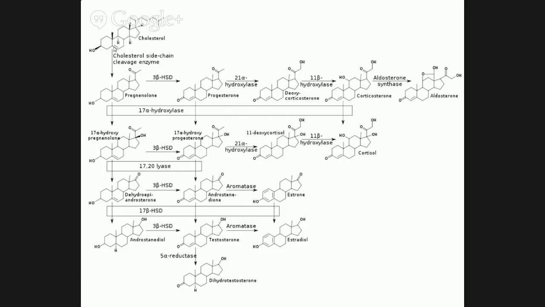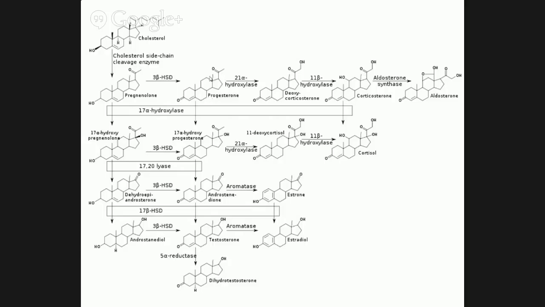Cholesterol is modified by a series of enzymes to give us the hormones that we're interested in. Now, in this picture, there are a lot more hormones than we really need to worry about. But there's an enzyme, which they don't provide a name for here, that removes or cleaves the side chain off of cholesterol, and we get this thing here. And then another enzyme ends up giving us progesterone.